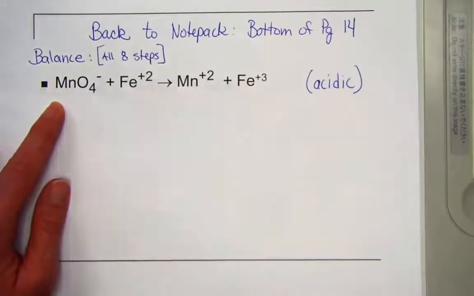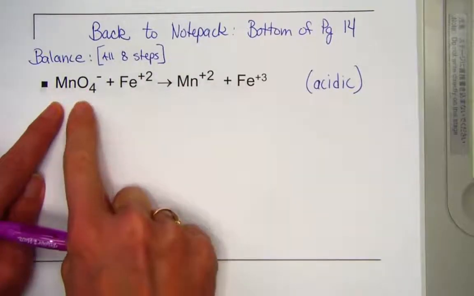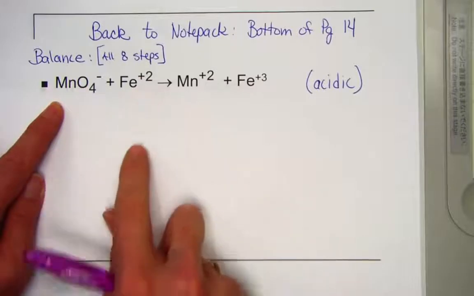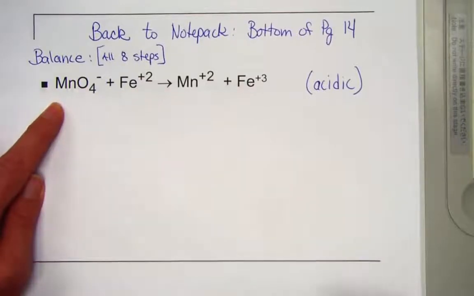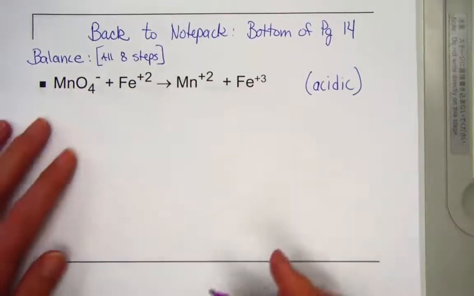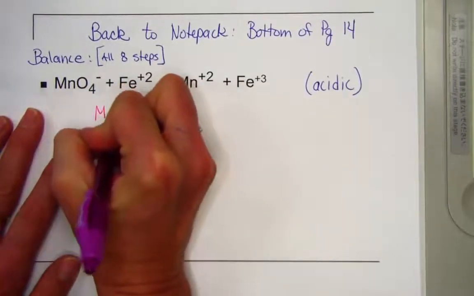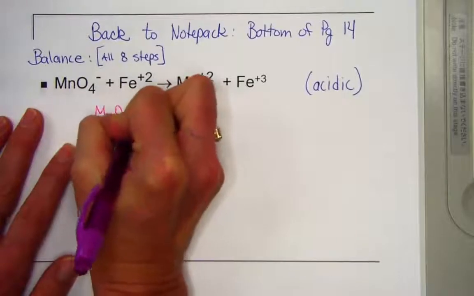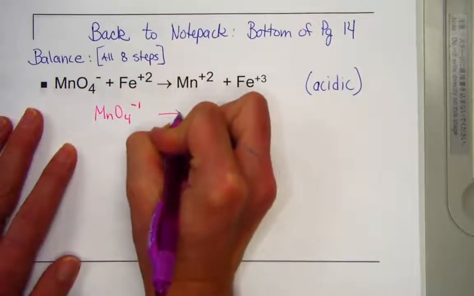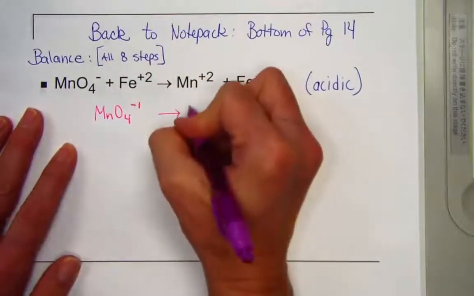BJ, once again, step number 1, just decide when I'm dividing things into two half reactions, what will I start placing together? Help me write a first half reaction. That's exactly right.